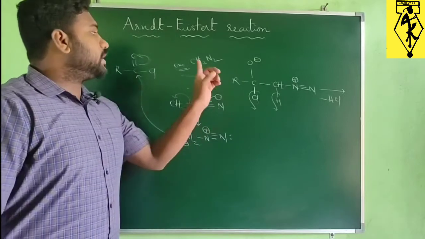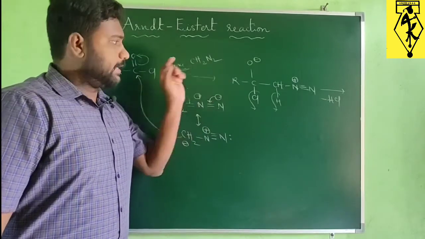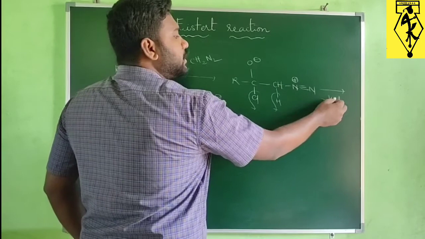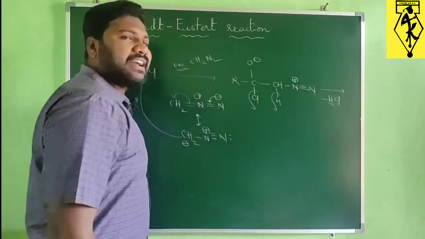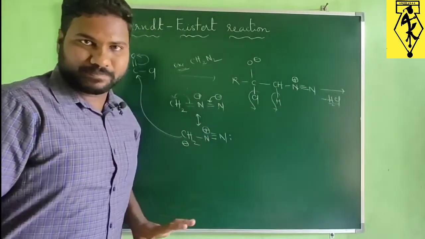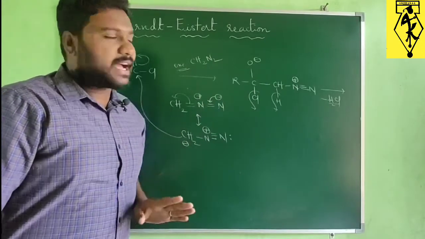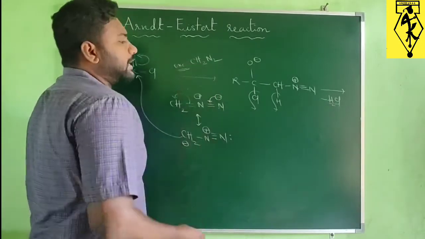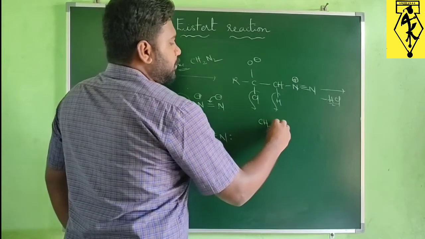If we are not using excess diazomethane here, again this HCl may react back with that substance. So to avoid such side reactions, we require at least 2 moles of diazomethane.